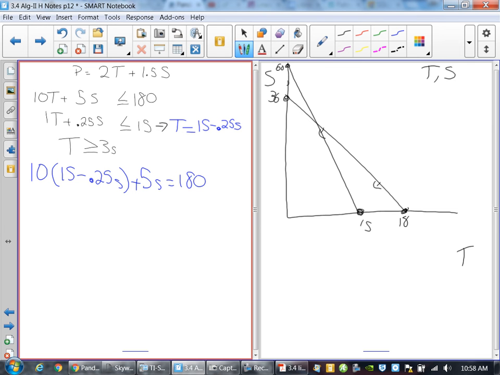It's 150 minus 2.5S plus 5S. Sorry. Which means I wind up with 2.5S equaling 30, and I believe that's 12.